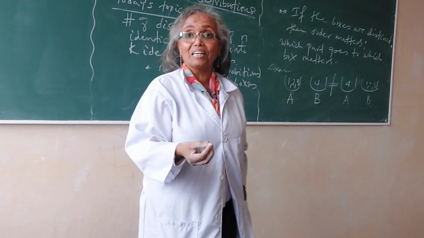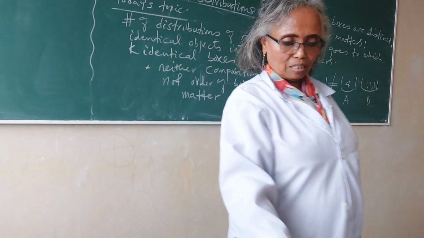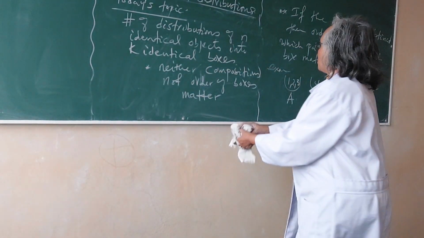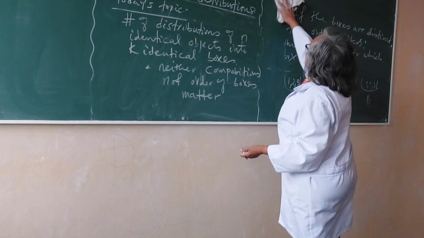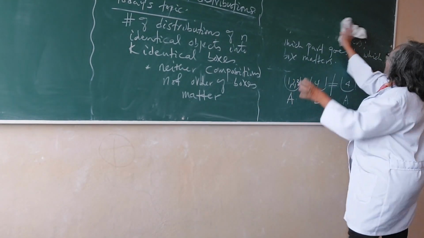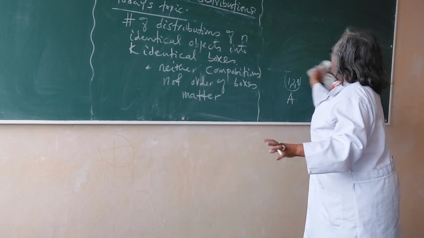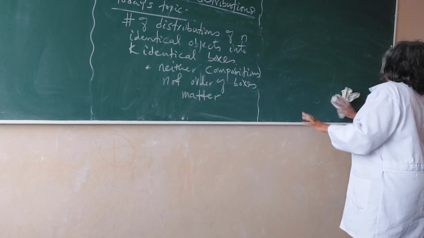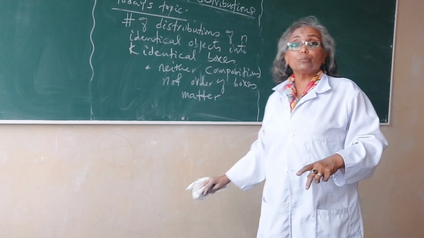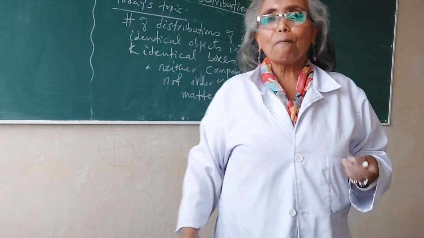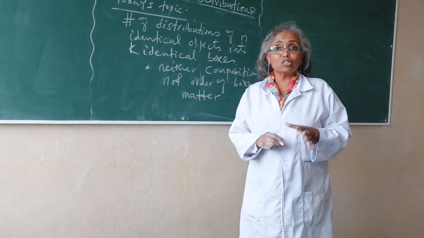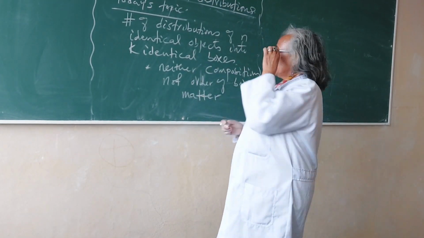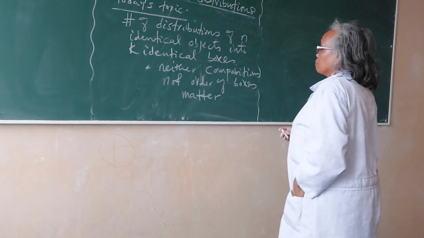All that matters here is the number of the sizes in a distribution. So this would lead us to relate such a distribution to what we call partition of integers, partition of positive integers in particular, okay?